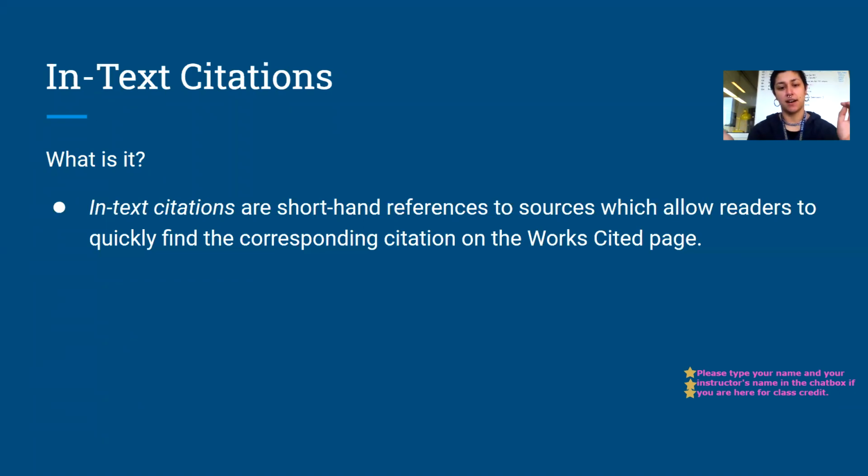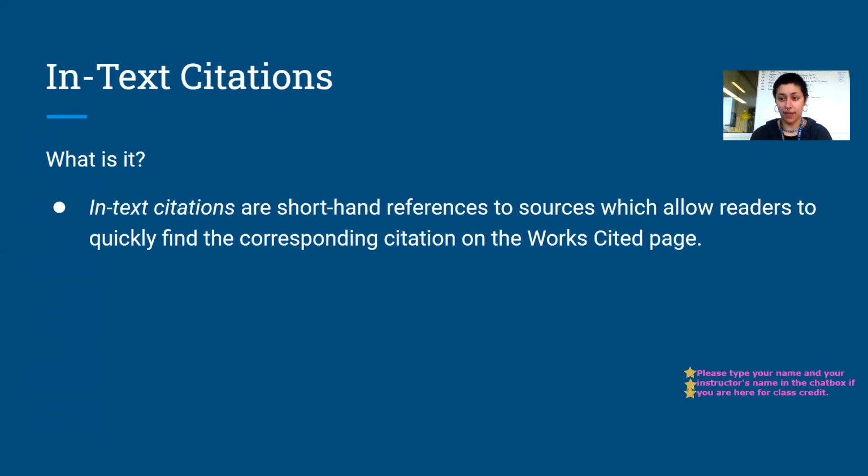In-text citations are the citations that appear in the body of your writing. It's not what's at the very end of your paper on the works cited page. It's just everything that is within the body of your paper. So in-text citations are shorthand references to sources that allow us to quickly find the corresponding citation in the works cited page.